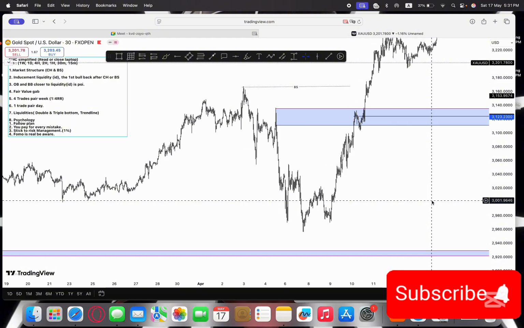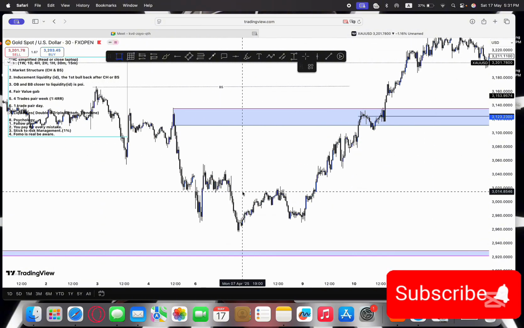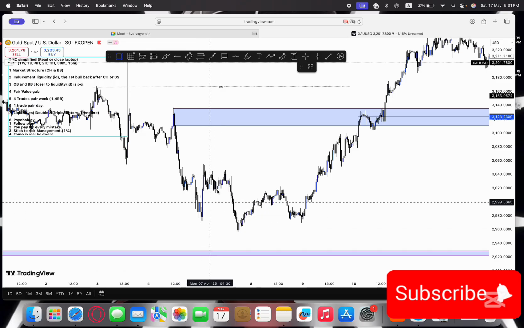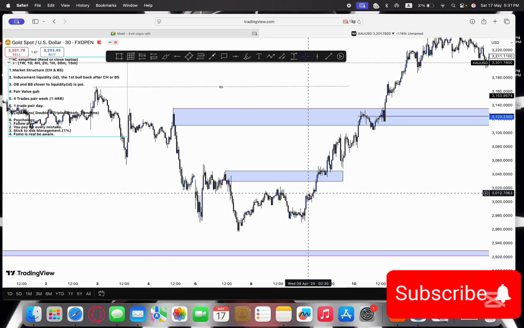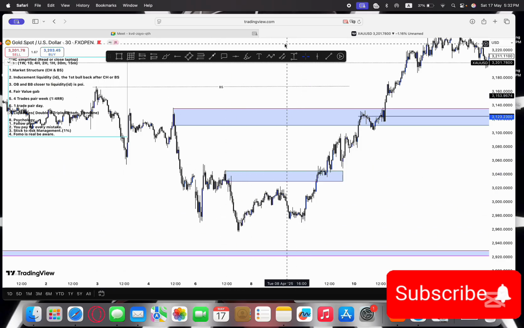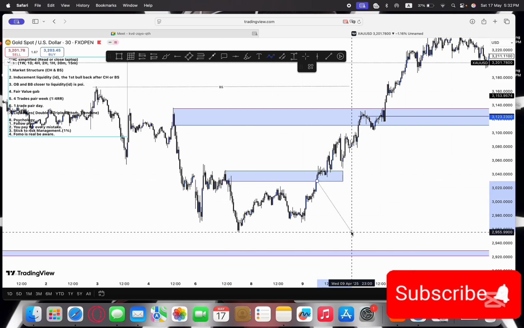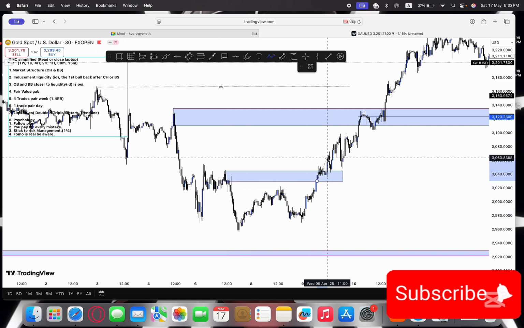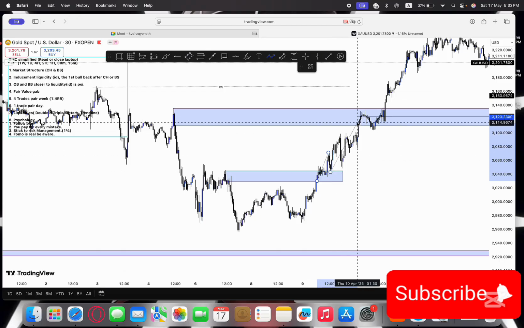And which side? Here we have a breaker block, also a break of structure to the downside. Price was supposed to respect. Oh, okay, this one has been respected, so it is invalid. This order block here was supposed to send price down, but here lies the case, it has been broken, and it has come back to retest it and jump up.